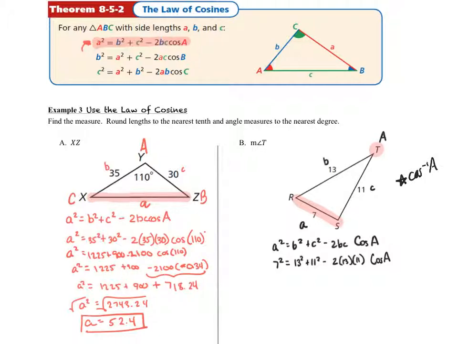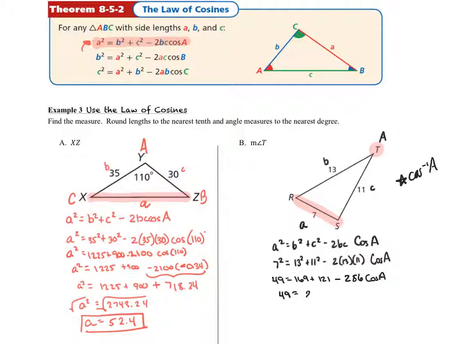Inverse cosine. So 7 squared, 49, equals 169 plus 121 minus 2 times 13 is 26, times 11 is 286, cosine A. So I can combine the 169 plus 121, which is 290.